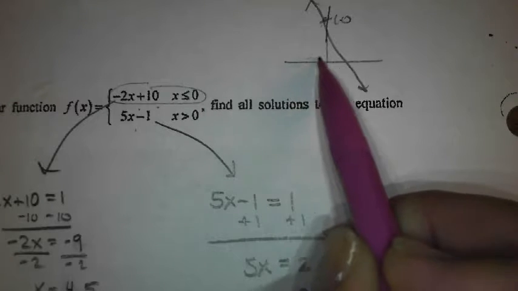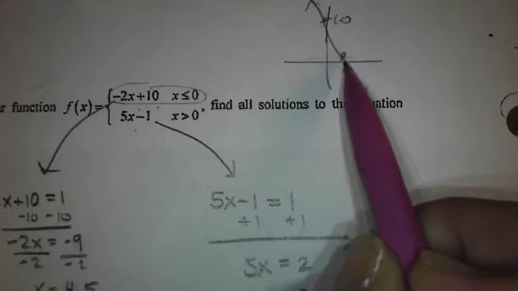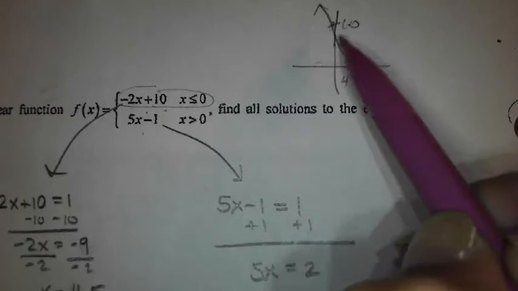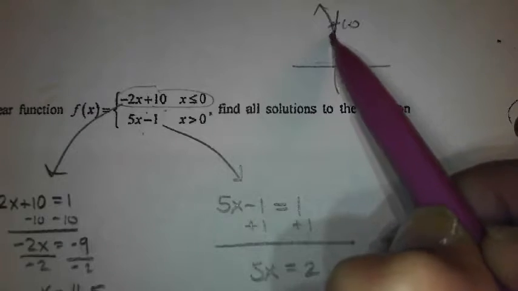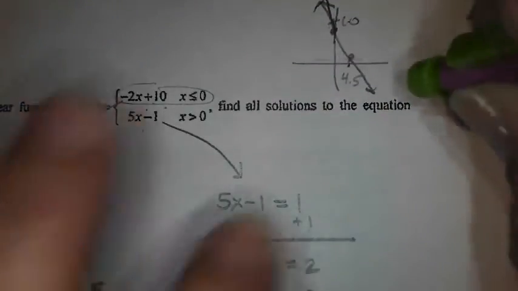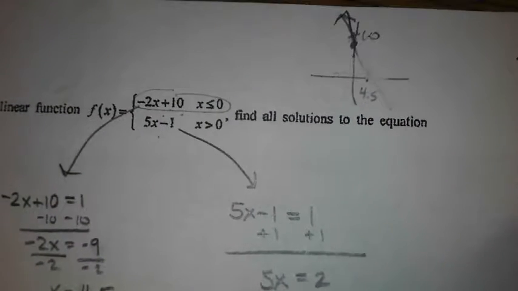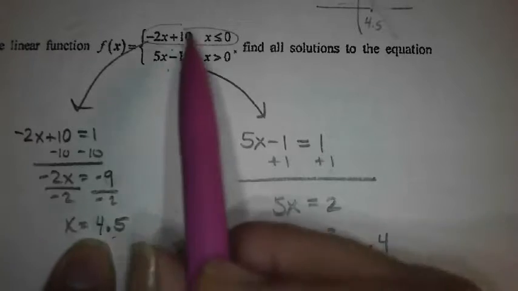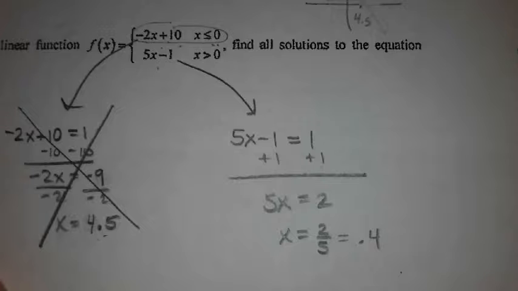This one would equal 1 over here, and it would be at the point 4.5, but this piece, this line, is only good when you're less than or equal to 0. So this piece really wouldn't even exist. Yes? Since that answer of x equaling 4.5 isn't in the interval, we need to reject that.